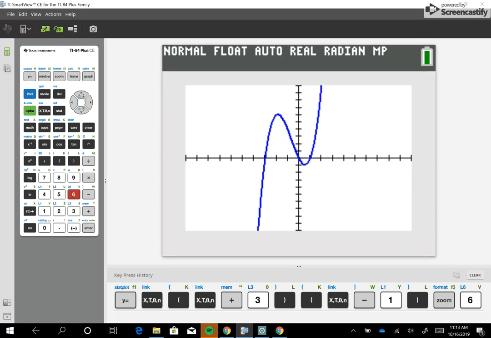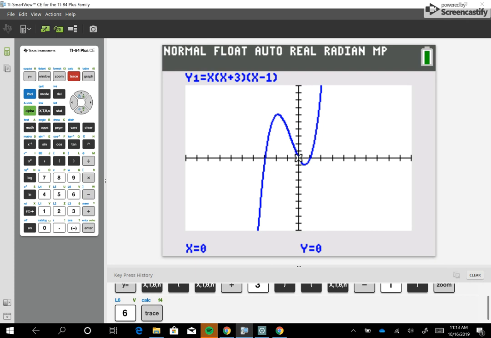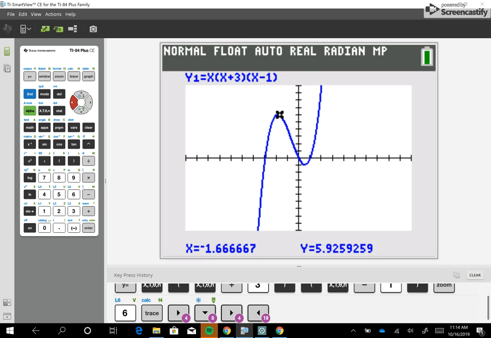Whoop, that was fast. Okay, so as we can see, our graph is crossing. There's an x-intercept there at 0, 0. We also have the one over here. We knew what happened at 1, 0. And then all the way over on the left side, sorry, I can't really get over there very quickly. Our other x-intercept we knew was going to be at -3, 0 over there. So we see it just kind of curving through.